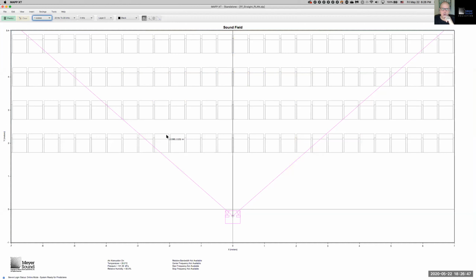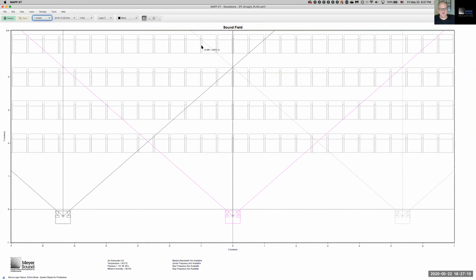Very common. People are inclined to say, well, you know what? Our loudspeaker has a 100-degree coverage angle, so I need to space the next loudspeaker next to it so that the off-axis trajectories meet each other by the time we reach the first row.